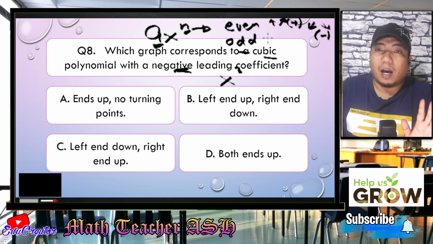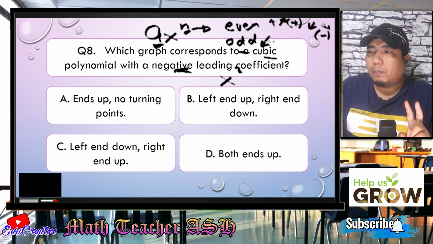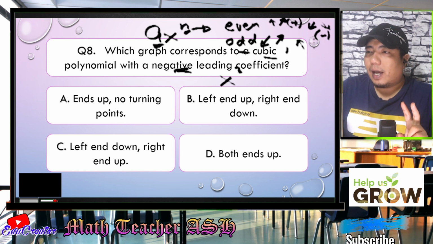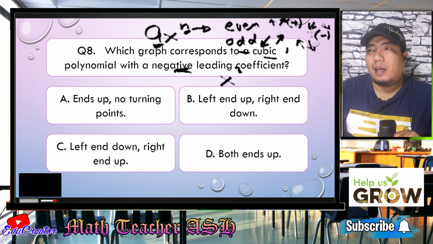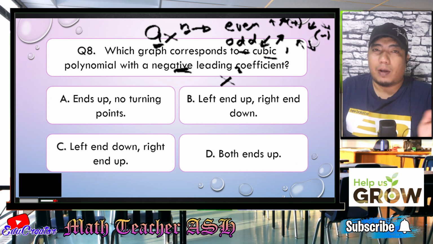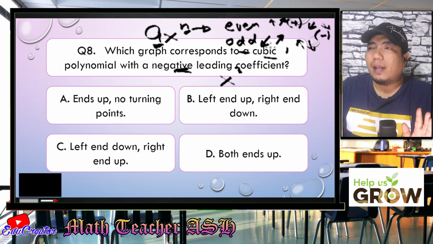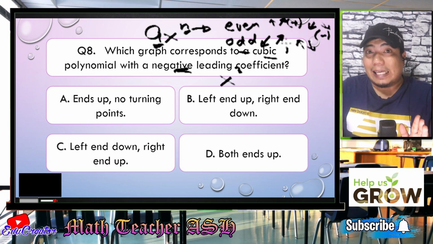Now, if it is odd, there are also two scenarios. It could start below and the other end goes up, or it could go upward and the other end goes down. This one is from low to high, that is increasing. This one is from high to low. So when can you consider that this is increasing?